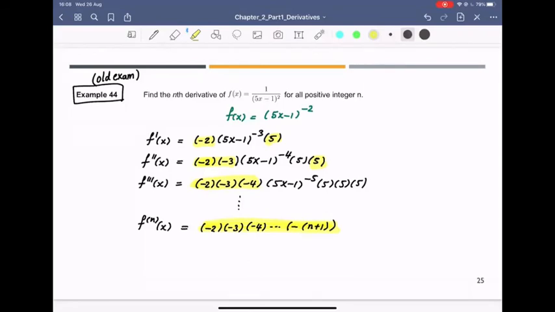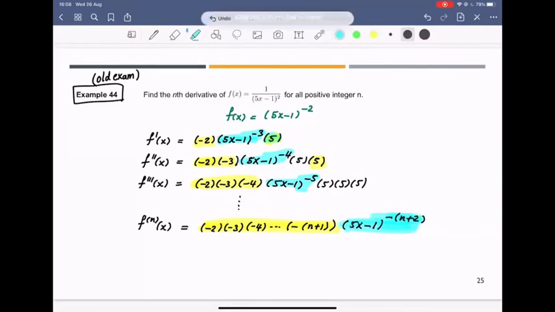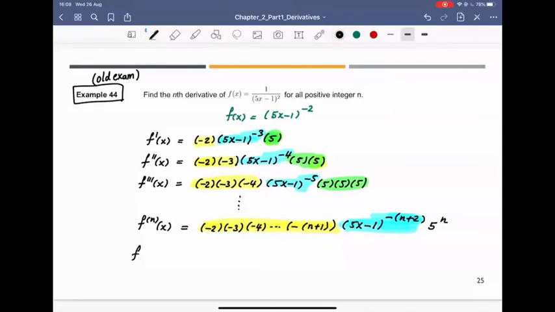And then the middle term I highlighted in blue is going to be (5x minus 1) raised to the negative n plus 2, right? And the last one, in green, is easy because it is going to be 5 to the n power, because it's 5 n times.